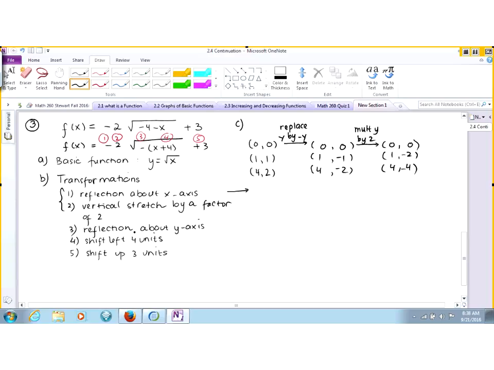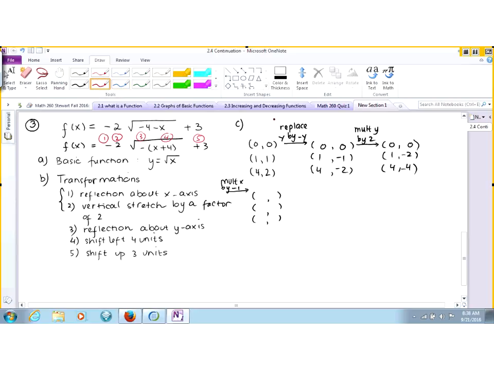Okay, so next. What do we do next? Reflection about the y-axis. What is that? Multiply x by negative 1. What is an alternate way of saying it? Replace x by negative x. Exactly the same thing.